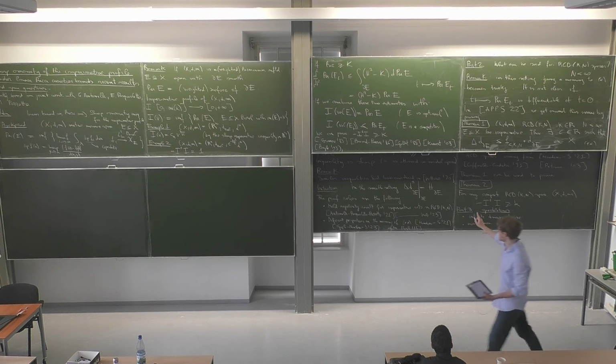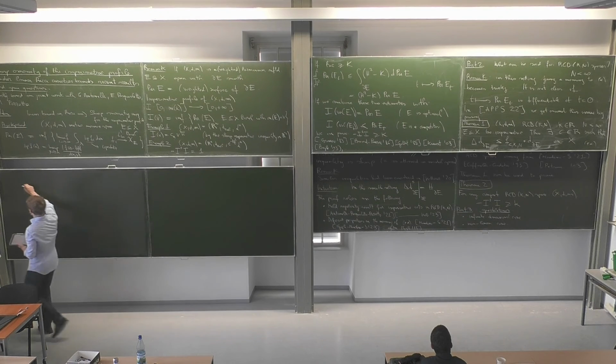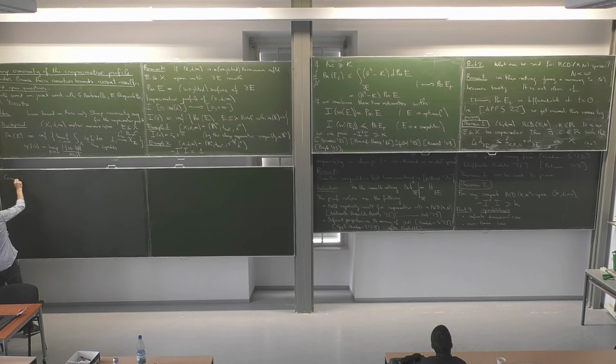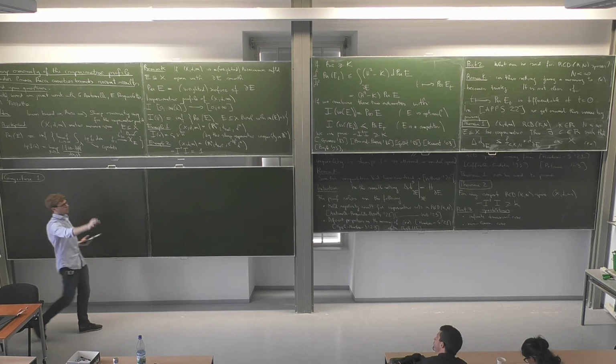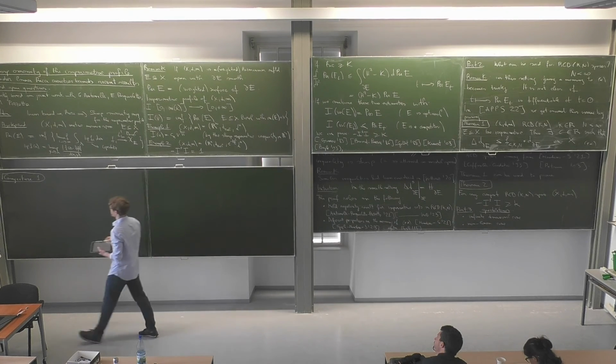Okay. So in the direction of infinite dimensional spaces, let me raise a conjecture. The conjecture is that the differential inequality should be true also for RCD K infinity spaces.